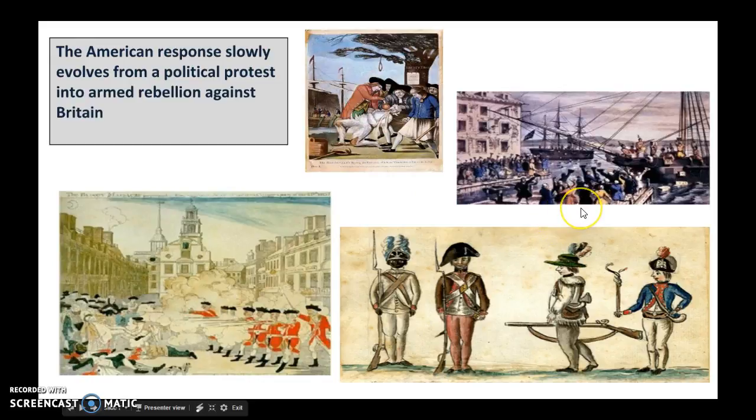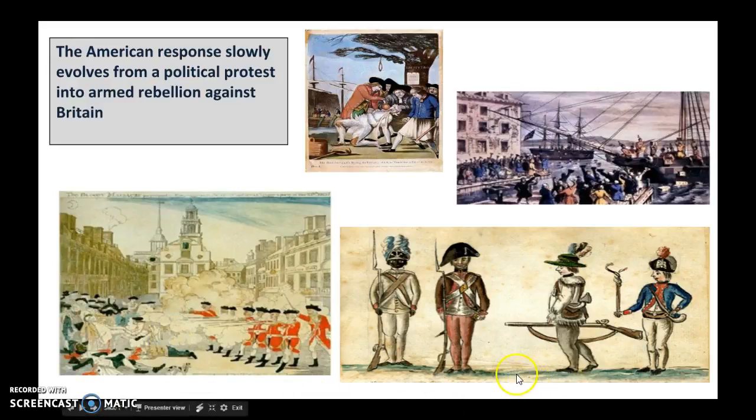The scene that you see here is the Boston Tea Party, where colonists disguised themselves as Native Americans and threw tea off of a British ship into the harbor. This image down here is an image of the Boston Massacre, where essentially British troops fired into what may have amounted to a riot forming on the streets of Boston. All of these were part of protests that American colonists orchestrated against the British government.